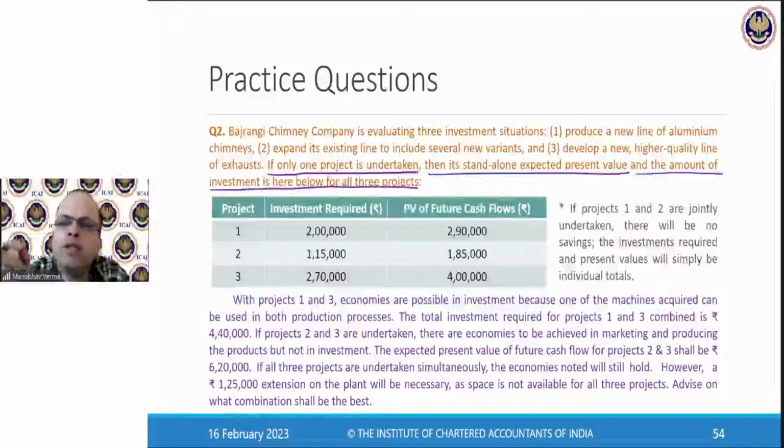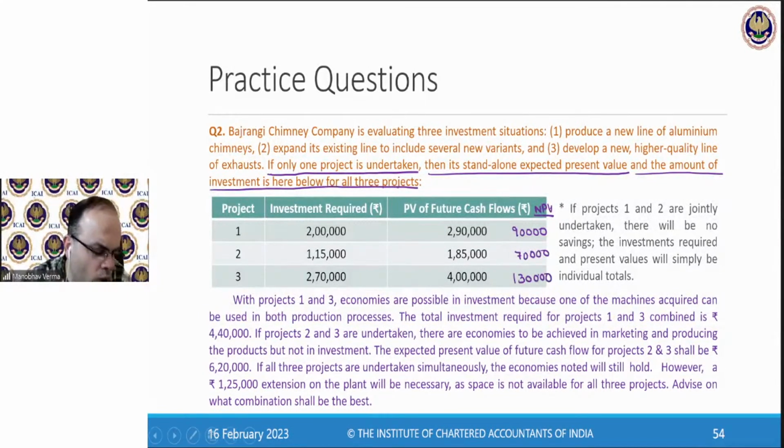We're talking about one project at a time. Project one, investment 2 lakhs, present value of future cash flows 290. Similarly, we are looking at 115 and 185. We can actually note down the NPV simultaneously here. If one project were to be taken, this is 90,000, this is 70,000, and this is 1,30,000.